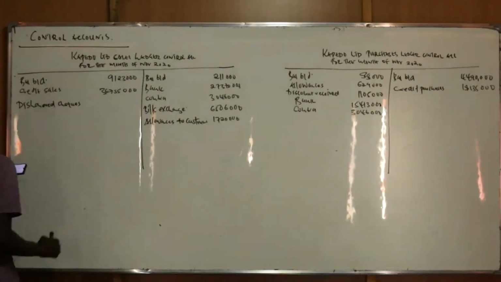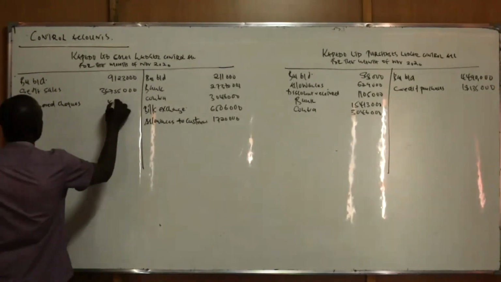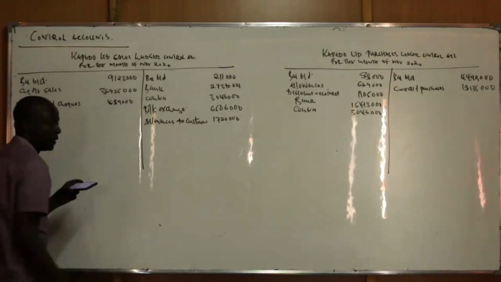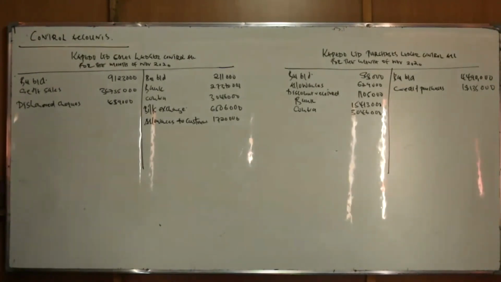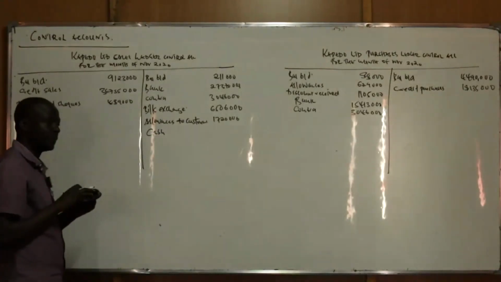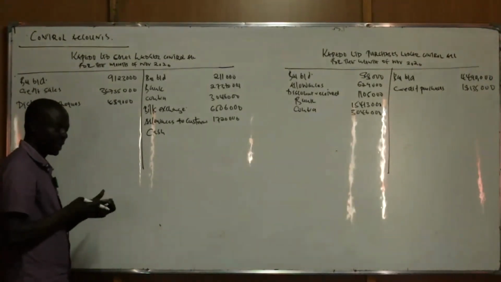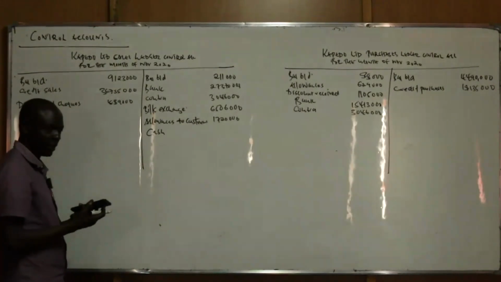Dishonored checks, how much is it? 449,000. So we debit there. Then cash received from credit customers. Where do we post? Credit customers can either give cash or checks, isn't it? So when they give cash or check, they are reducing their values.